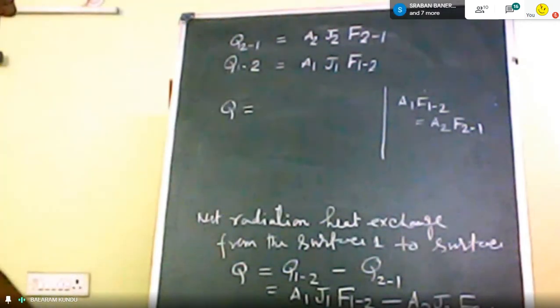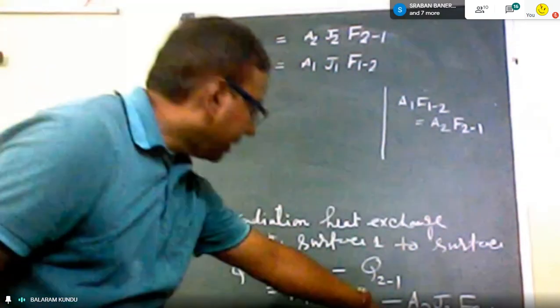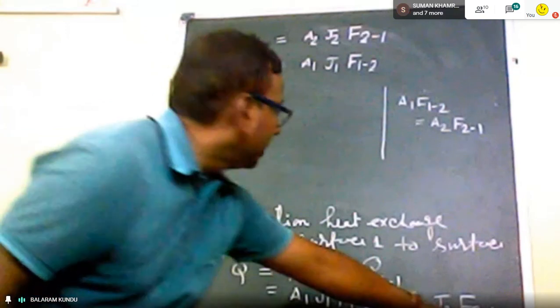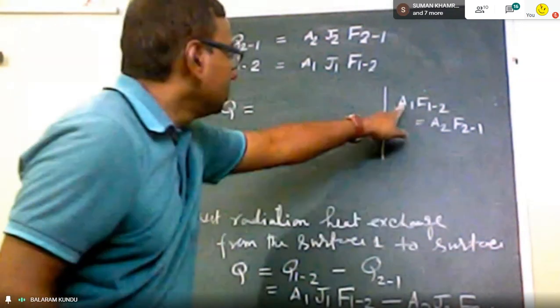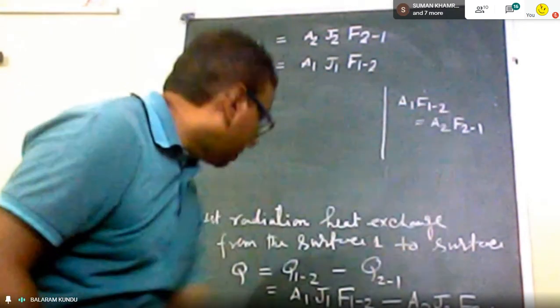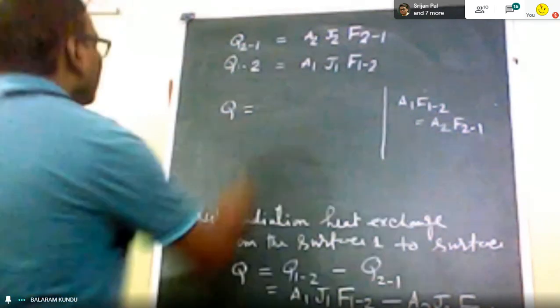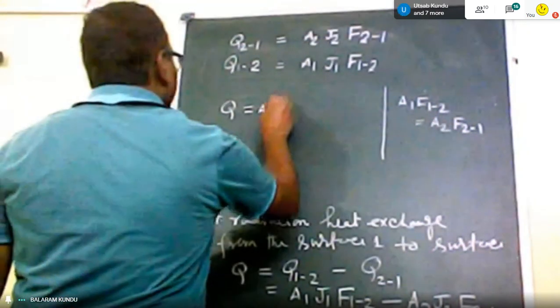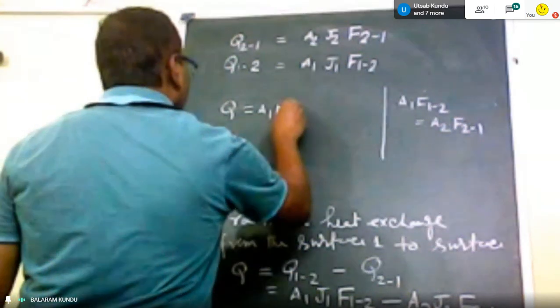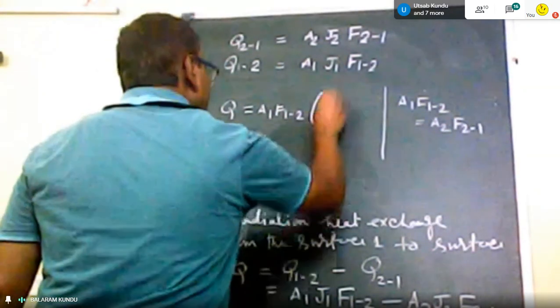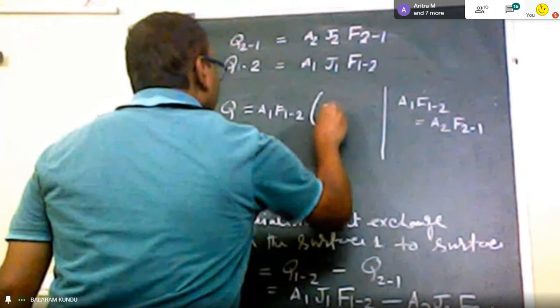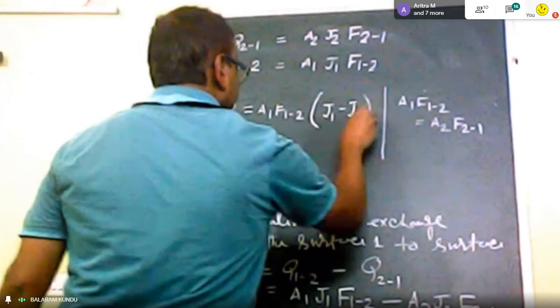So using this, we can replace A2 F21 with A1 F12. Therefore, Q equal to, if we take common, A1 into F12 into J1 minus J2. This is your expression.